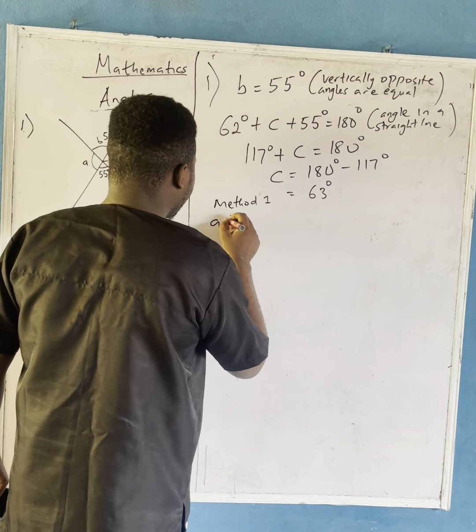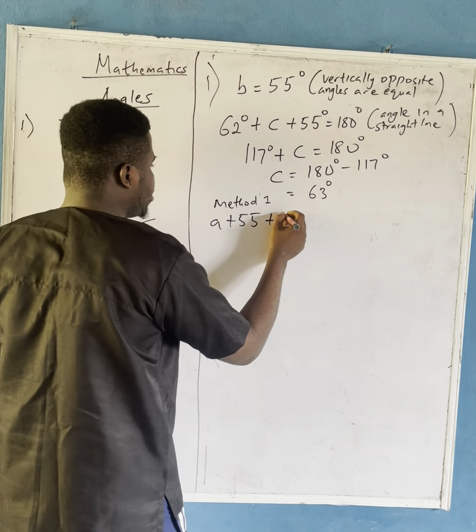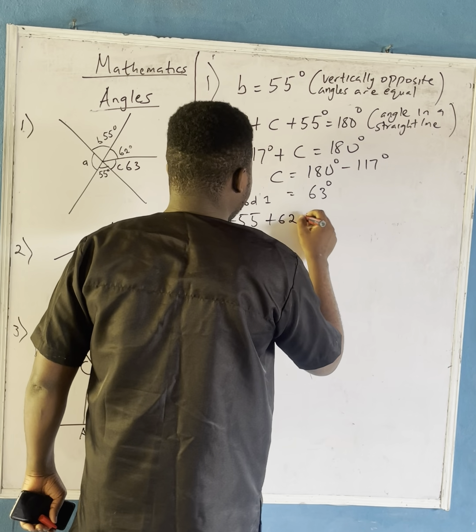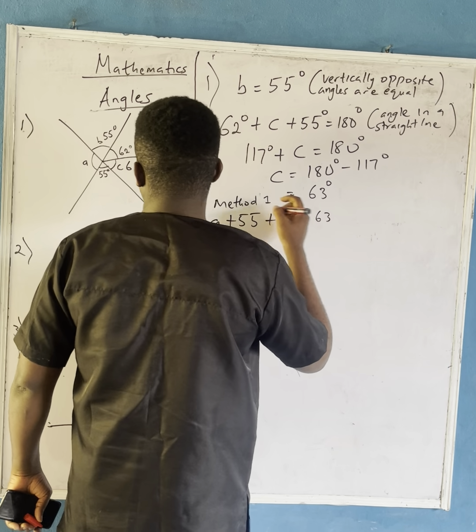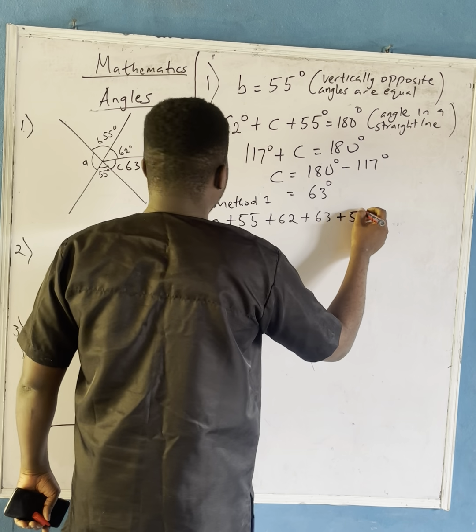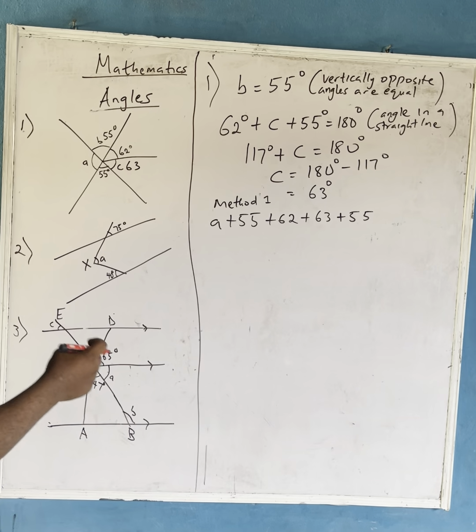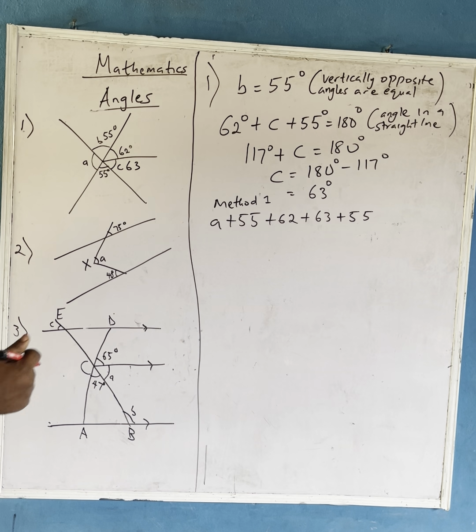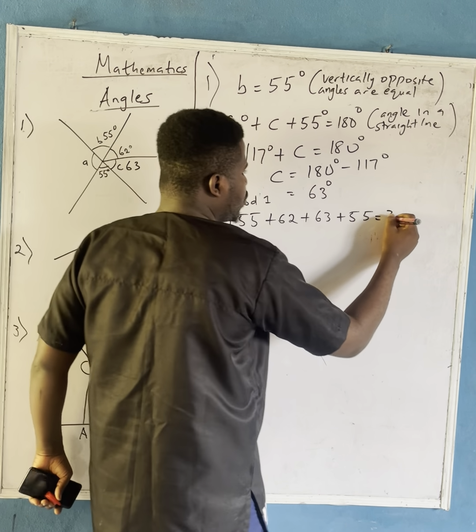So A plus 55 plus 62 plus 63 plus 55 is equal to 360.